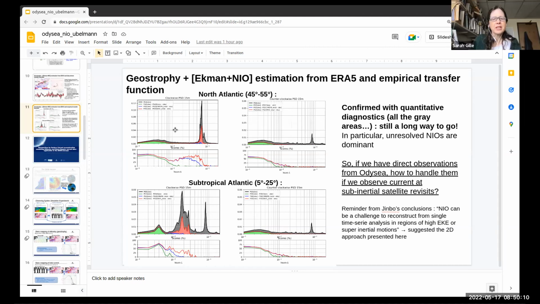And of course, I'm really curious what's going to come out when you try and apply this with the Odyssey swath and revisit times. Yes, because doing this kind of thing on a numerical model with Odyssey data, maybe we can characterize up to how much we can reconstruct this transfer. Do you have any speculation on that?